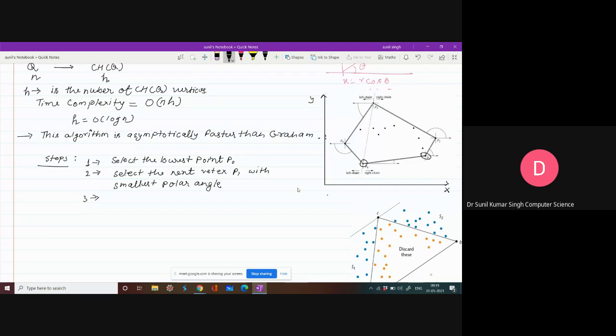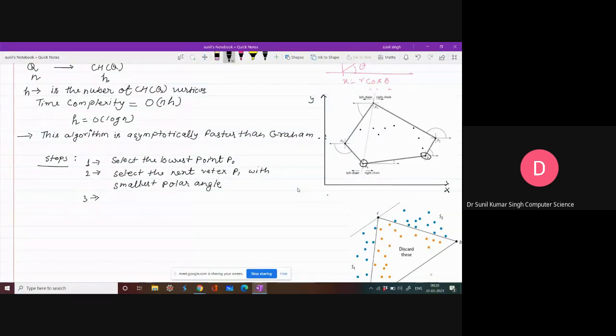In the Graham scan algorithm, the reference point was not changed. It was the same throughout the algorithm. But here in every step, we are changing the reference point. First P naught is used as a reference point, and we selected P1. Then P1 is used as a reference point, and we select P2.